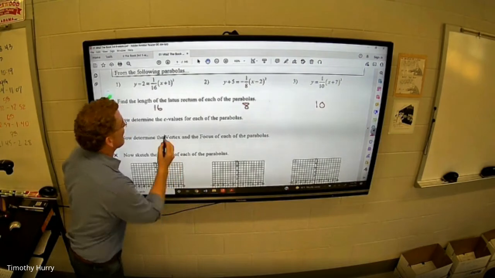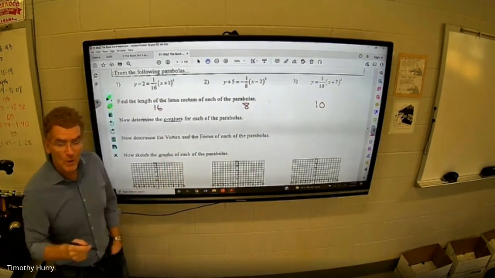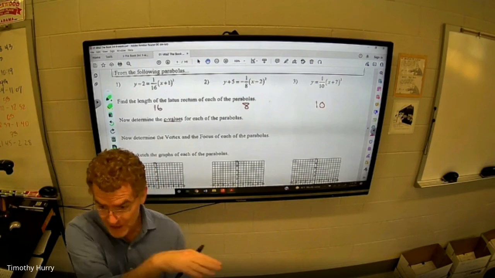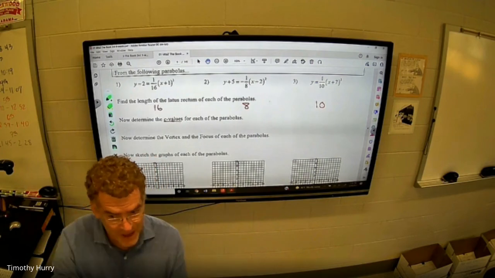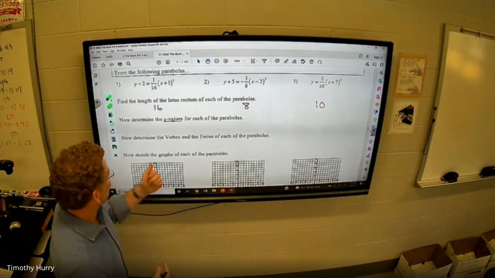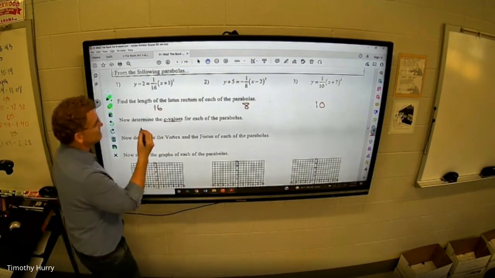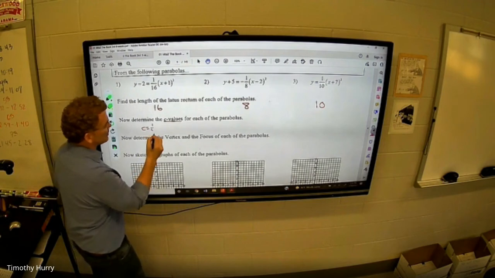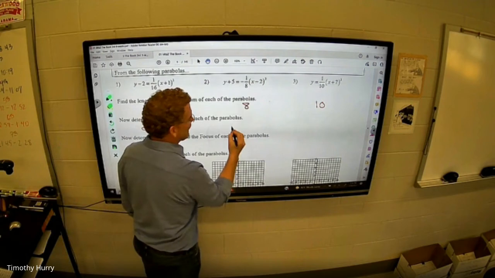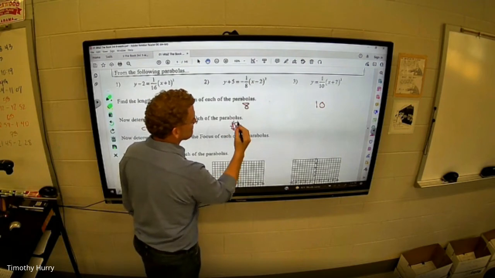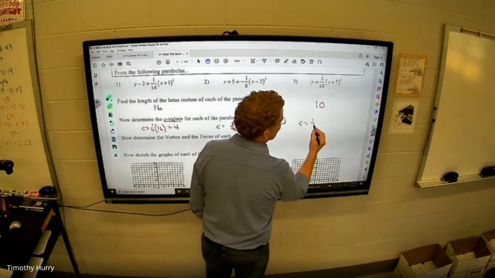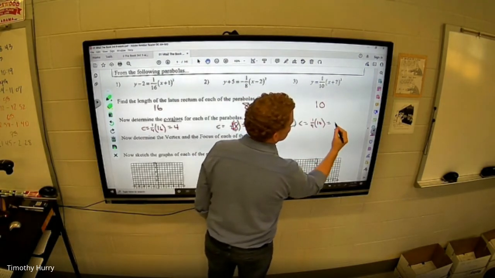So how would I find the C value, which is your distance from your vertex to that focus? And the lattice rectum always goes through that focus. You saw that in the picture above right there, right? So how do I find the C value? I take 1/4 of that 16 and get 4. I take 1/4 of that 8 and get 2, right? And I take 1/4 of that 10 and I get 2.5.